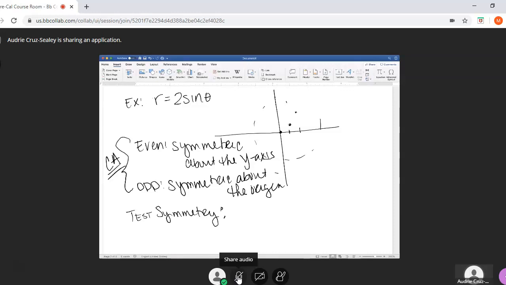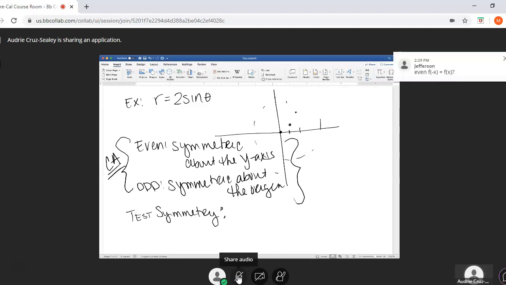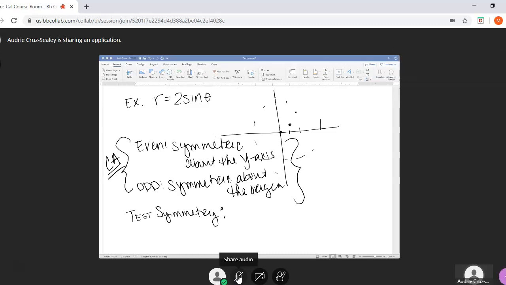Does anybody remember how to test for symmetry? No, that's inverses. That's not even and odd. How do you test for symmetry algebraically? Yes, good job, Jefferson.